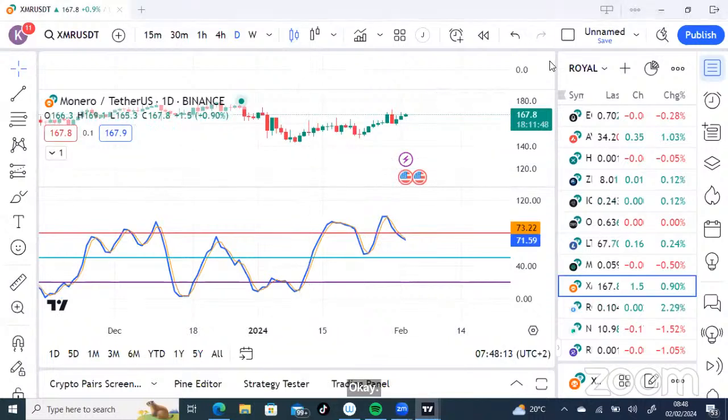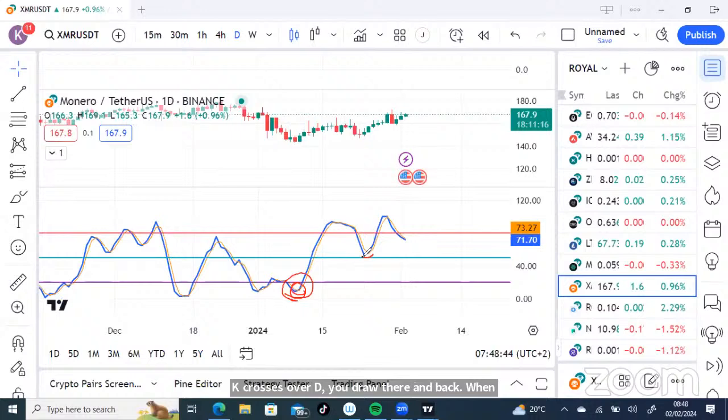Simple and precise. The blue line is the K and the orange line is the D. When K crosses over D, you draw there a vertical line.